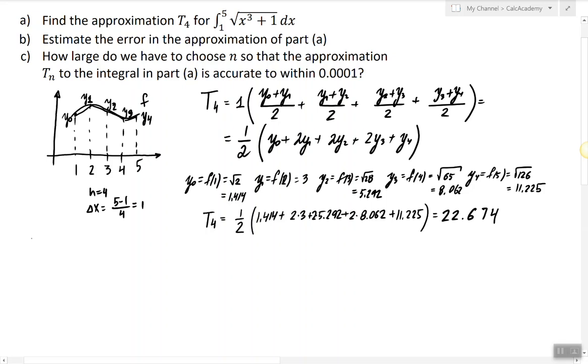Now, how do we estimate the error in the approximation in part A? Well, first we have to recall that the upper bound for the error in the trapezoidal method is less than or equal to this expression.